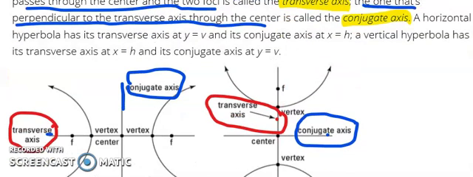So this is the transverse axis. So with this, you will know where the axes are located.